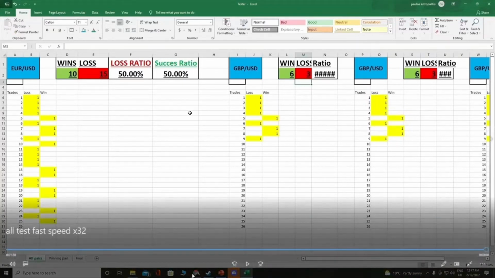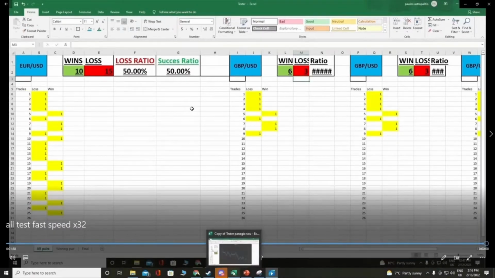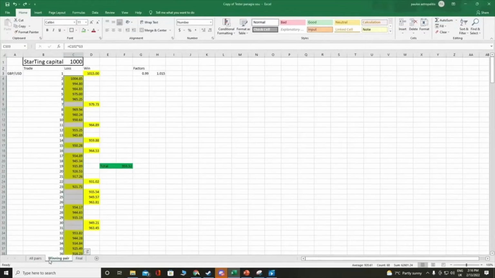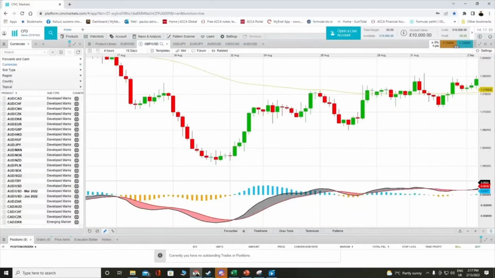So what we did, based on what we saw from our fellow trader, and based on the winning pair, I set up all the information based on what our trader said. I excluded major events. He doesn't specify that either.